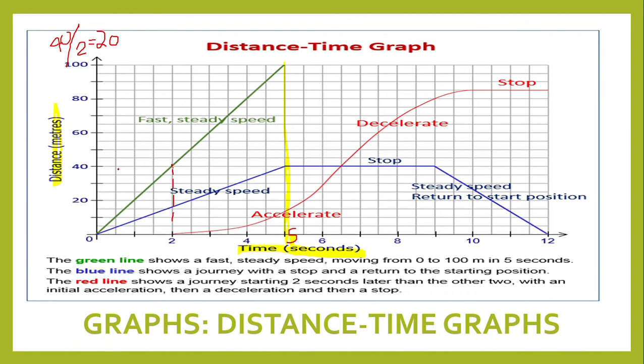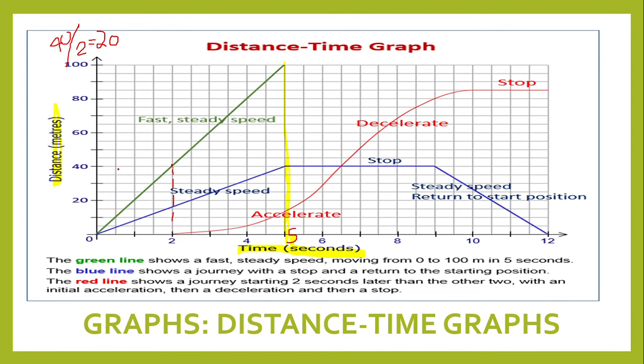Even if we talk about light, that is impossible. It takes very, very few nanoseconds, but it's still some amount of time. So physically, an object traveling even a very small distance in no time is impossible. So a vertical line on a distance-time graph, or even on a speed-time graph that we're going to discuss after this, is impossible.